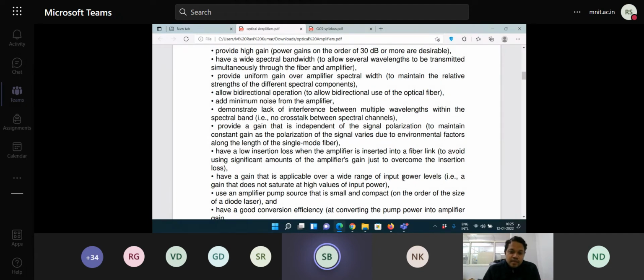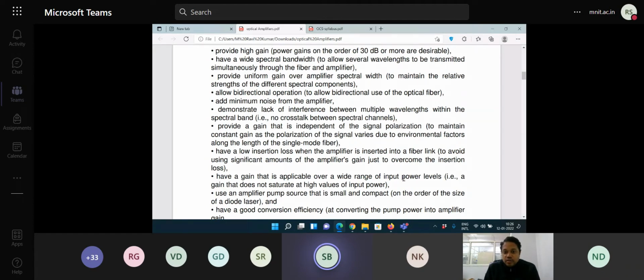Then in that case, if the gain is constant, the output would increase 1000 times. So the output would become 100 milliwatts, and 100 milliwatts of optical power is huge, and this can cause a lot of non-linearities in the link.